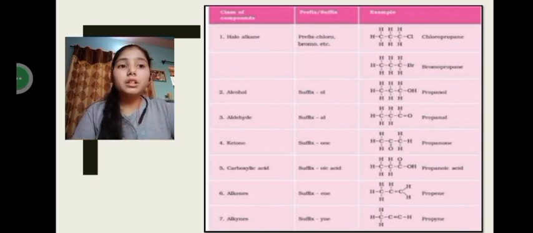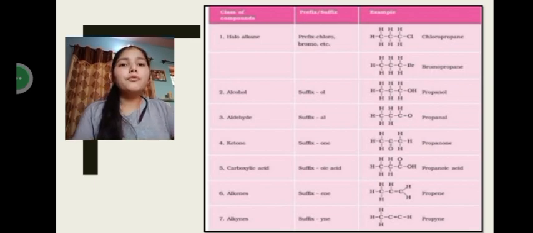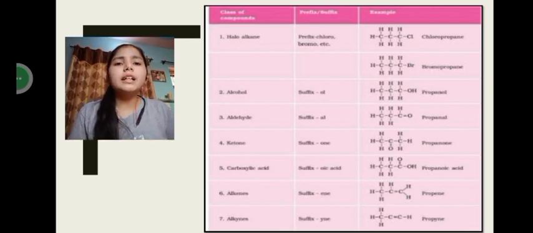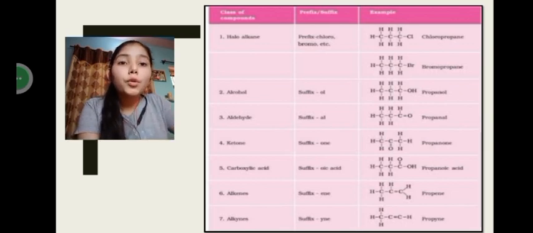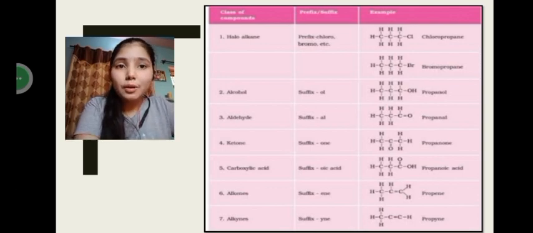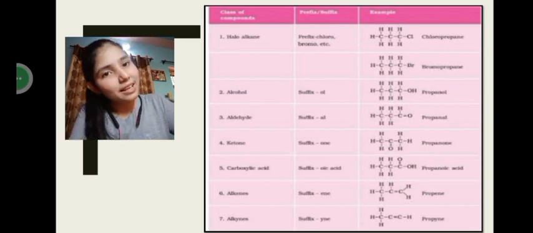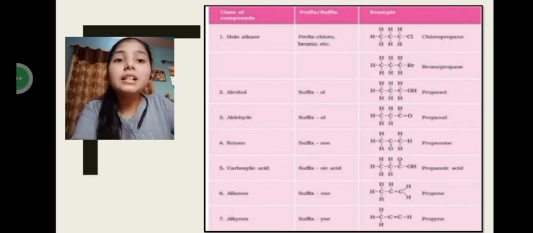Why bromo? Because it contains bromine. If it contains iodine, it would be iodo, like iodopropane, iodobutane, iodopentane. If it contains fluorine, it's called fluoropropane, fluoromethane, fluoropentane. So this is haloalkanes: halo means halogen and alkanes means carbon compounds containing single bonds.